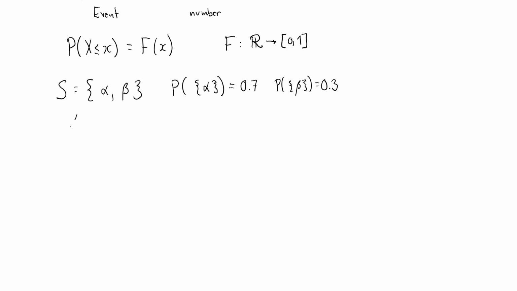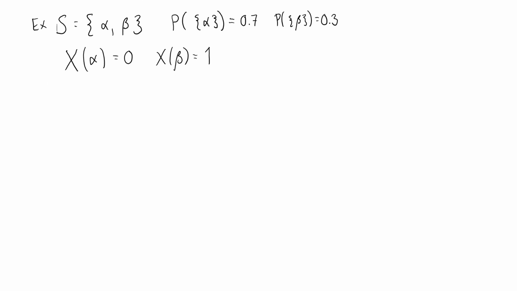On top of this, I define my random variable, and let's just say it maps alpha into 0 and it maps beta into 1. So this is an example, and I can illustrate it using a simple picture like this. Alpha and beta are the only elements in my sample space. X will map this into 0 and this into 1.